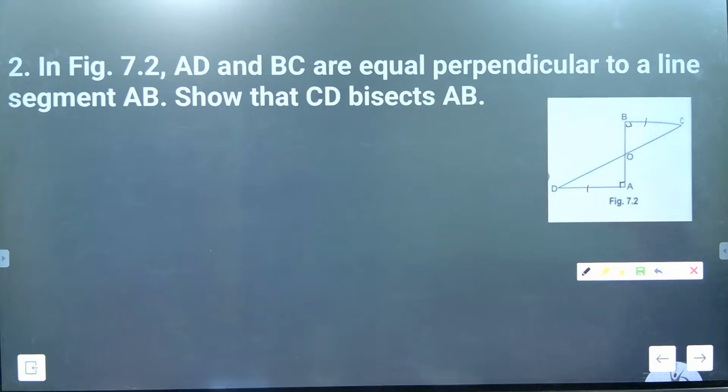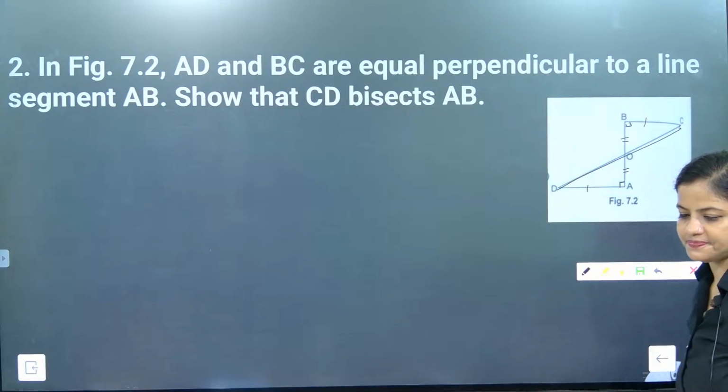Show that CD bisects AB. What do you need to prove? To prove CD bisects AB, this side should be equal to this side. Now please try.